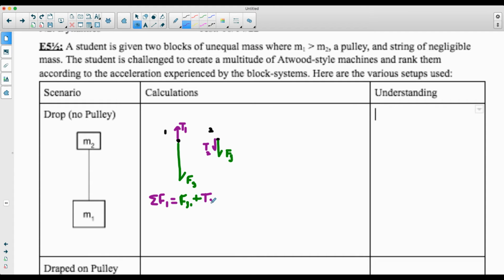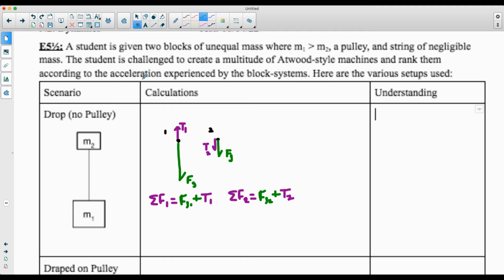Same deal over here: the sum of the forces on block 2, changing the subscripts, is going to be FG2 plus T2. I like to show you this because if you approach it formally, it always works.